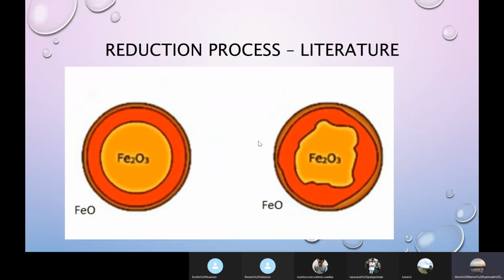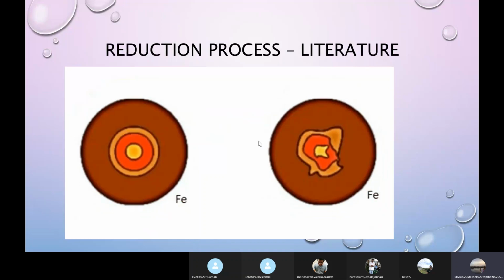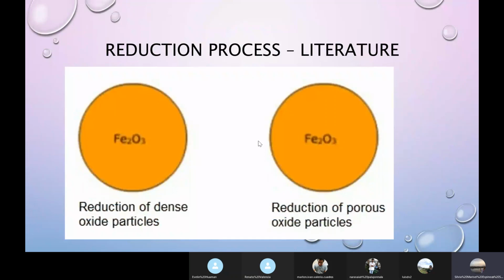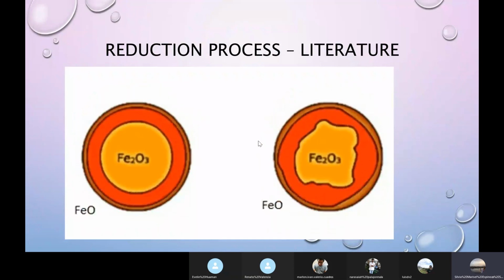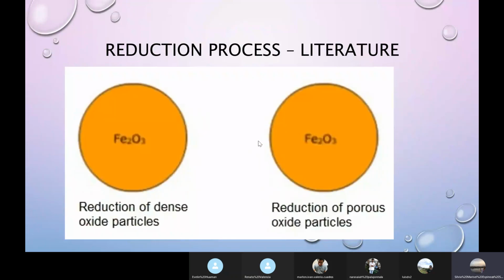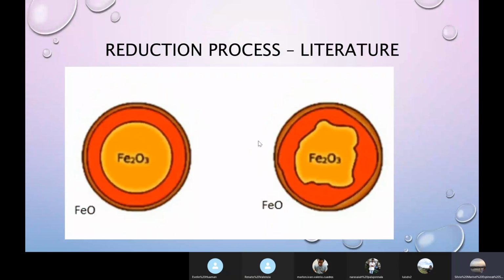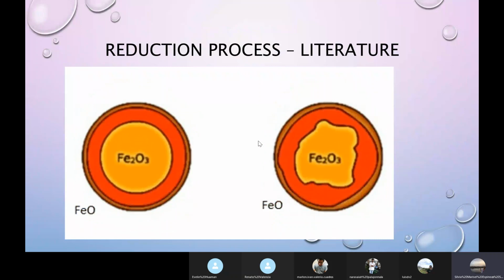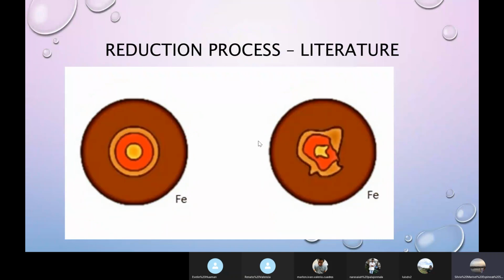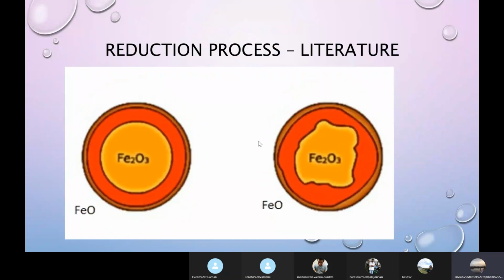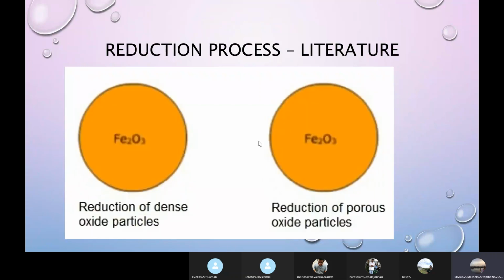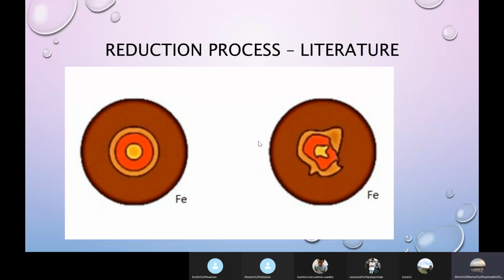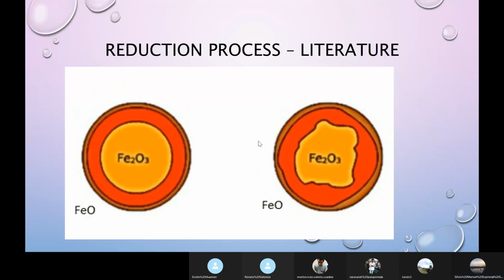The literature indicates a reduction process starting with dense spheres of hematite. An initial reduction with carbon monoxide or hydrogen gas produces a layer of magnetite, then an outermost layer of wustite is formed, and finally another layer of metallic iron is formed.